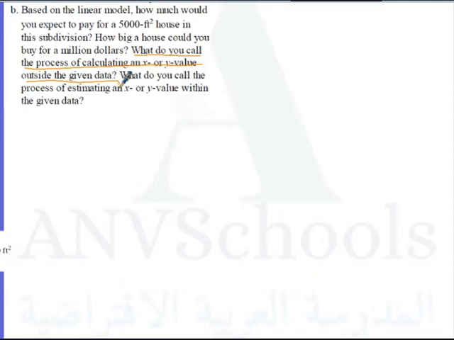So for letter B, our y hat is equal to, according to the grapher, 67.6358x plus 26,139.5007, and our correlation coefficient is 0.9595.